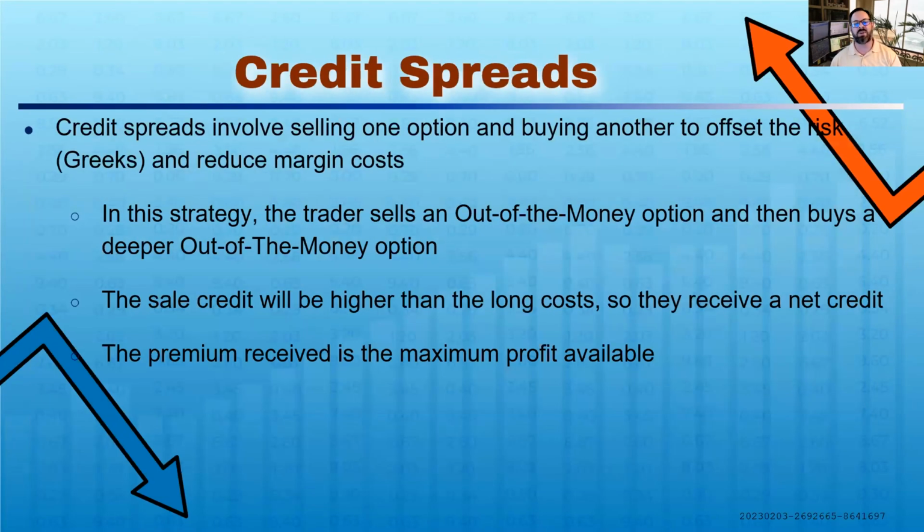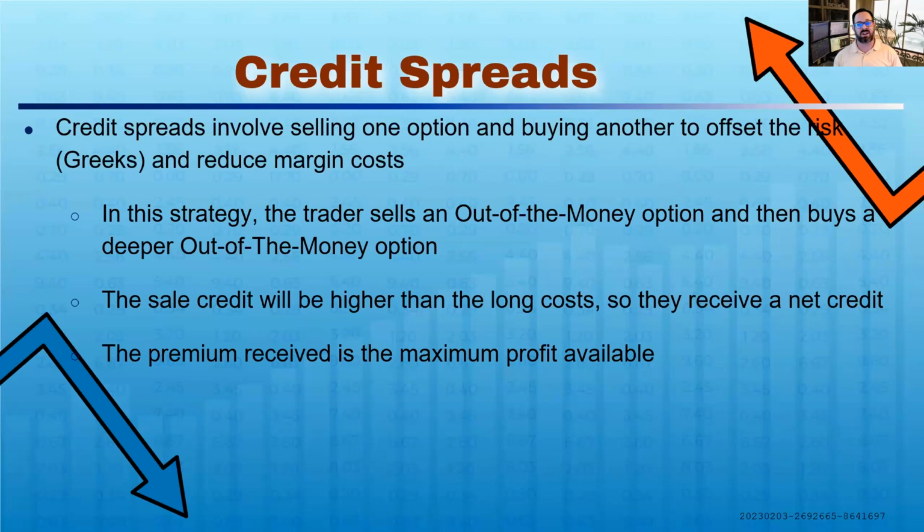So credit spreads, as I mentioned, you're buying one option and then typically selling another option to offset the risk. And it also can reduce some of the margin costs. So traders basically will sell an out of the money option and then buy a deeper out of the money option. And it just depends if you're doing calls or puts. So the credit you're receiving from selling an option is going to be greater than what the trader's paying for the option they're buying.